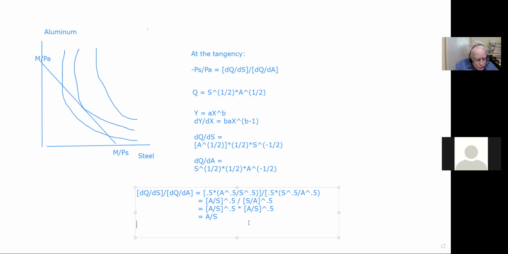Okay, so let's now express the tangency point. The price ratio is equal to the ratio of marginal products.